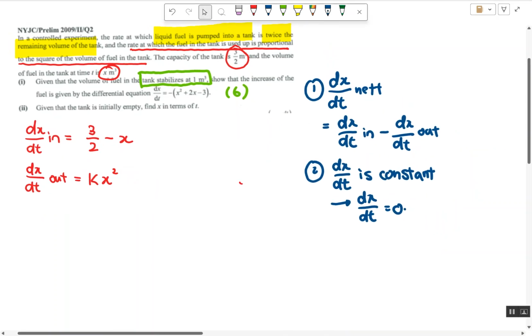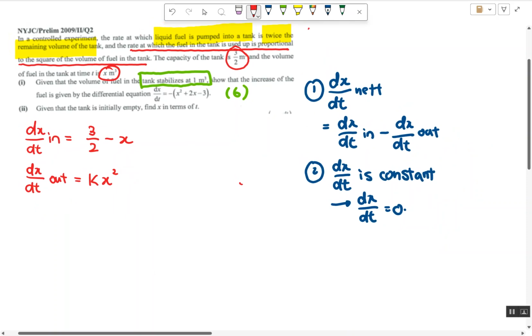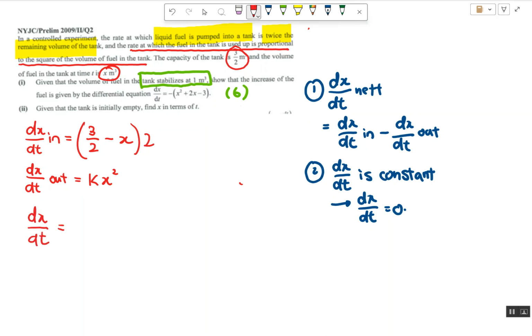Let me just check again, because it says it's twice the remaining volume, so this has to be multiplied by 2. So my net dx/dt is going to be dx/dt in, which is, I multiply by 2 first, 3 minus 2x, minus my dx/dt out, which is kx squared. So this is my dx/dt.